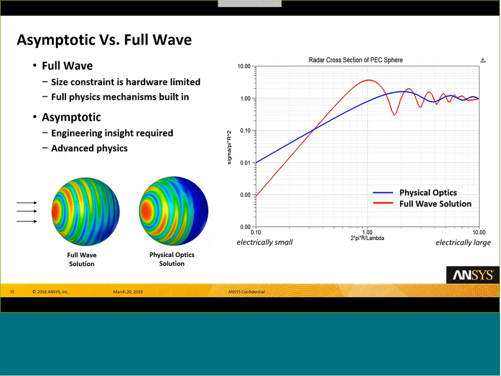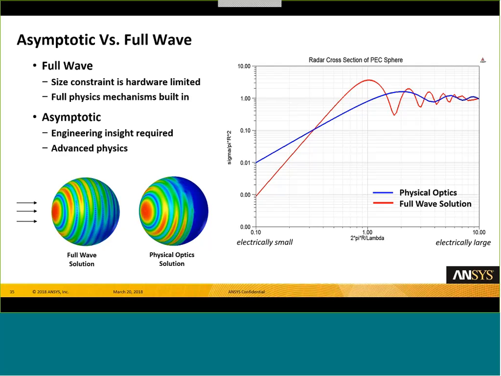And if you look at the image in the bottom left corner, it's the exact same model that shows surface currents that are produced in a full wave version of that simulation and a physical optics version of that simulation. And you'll notice that in the lit region, the distribution of those currents looks very similar, but it's pretty noticeable that with just pure physical optics, we really don't account for the energy and the attached currents that are showing up in that shadow zone.